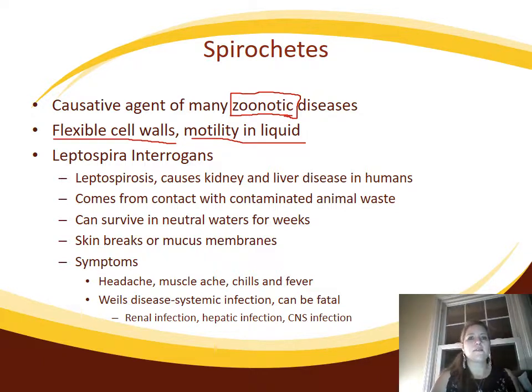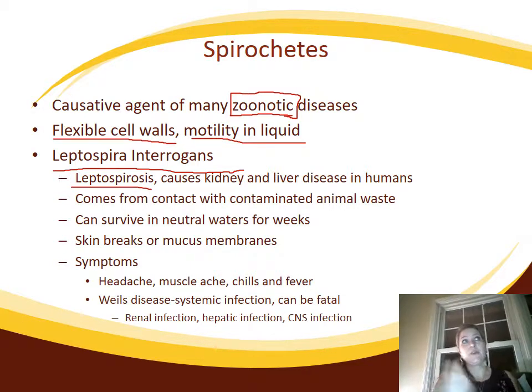So what it causes, you've got Leptospira interrogans, also called leptospirosis, which causes kidney and liver disease in humans. It comes from coming in contact with contaminated animal waste, generally spread through water systems, and can survive in neutral waters for weeks because it's got this motility in liquid.